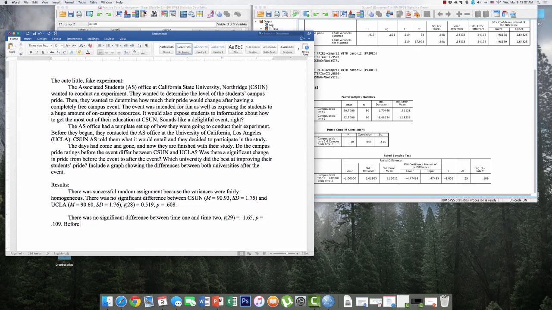Okay, so let's do this. Between the 2 universities, the average of campus pride ratings did increase after the event.